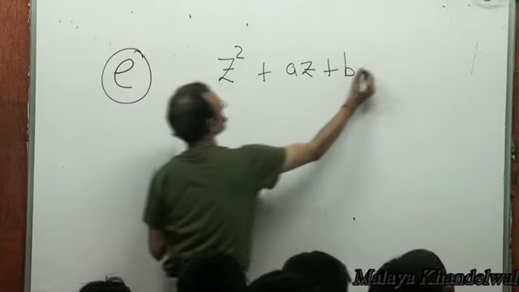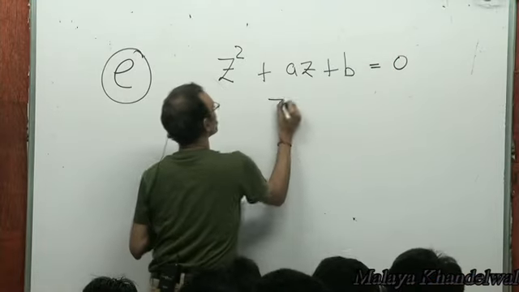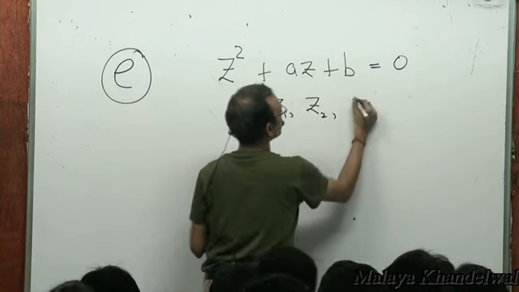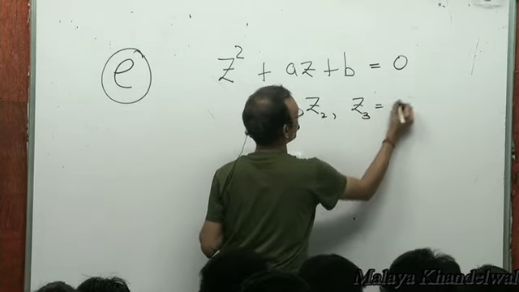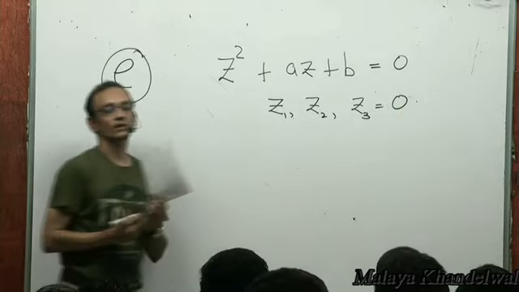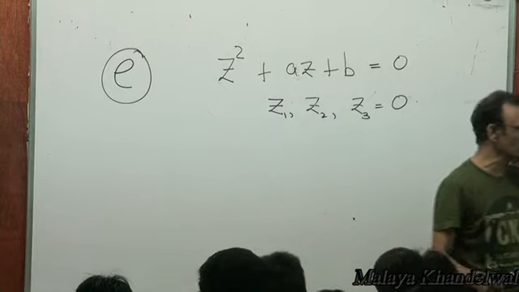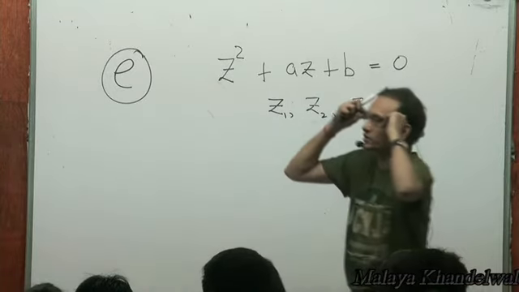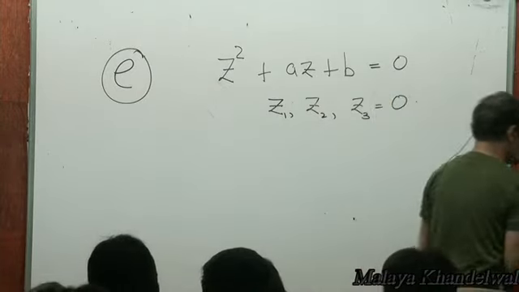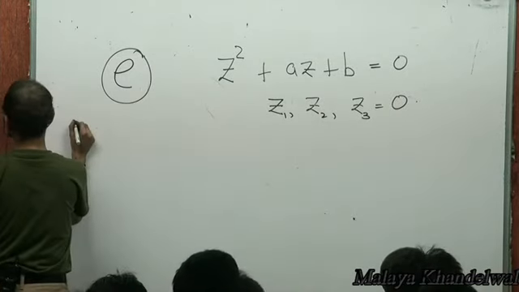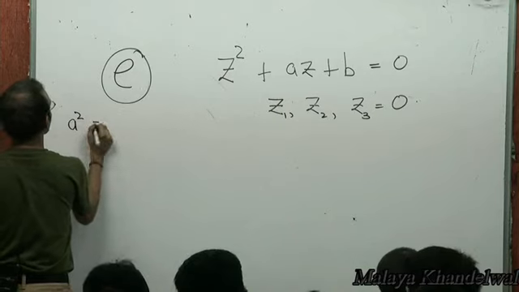The roots of this quadratic equation, z1 z2, and the origin z3 equal to 0, constitute an equilateral triangle. We want to establish that a squared must be 3b.